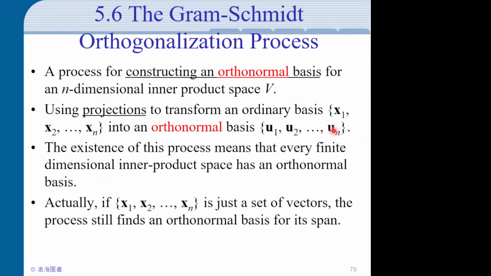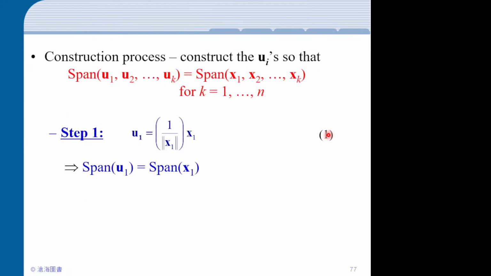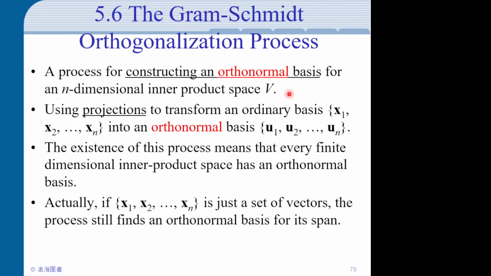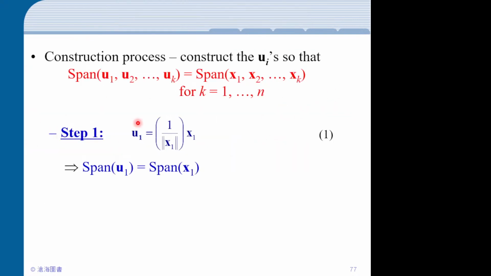So we actually show that our u1 to un has an even stronger property than together spanning the whole space. You take any k from 1 to n, then u1 to uk will span the same space as x1 to xk. So this is n different equalities.